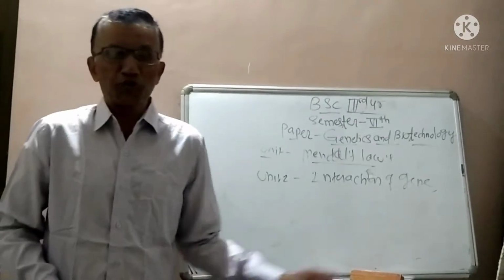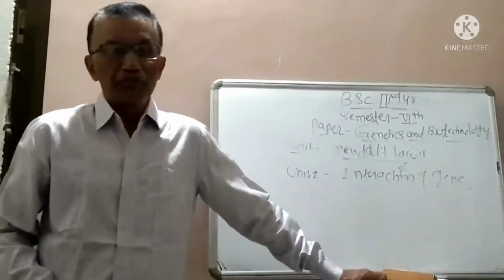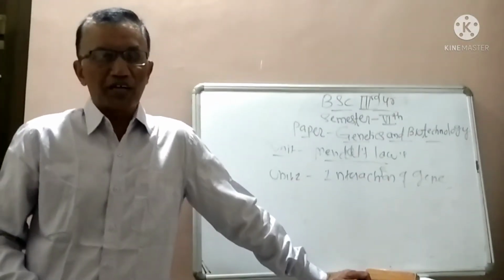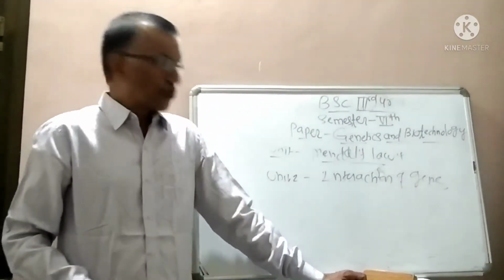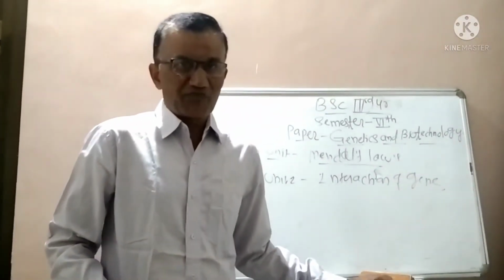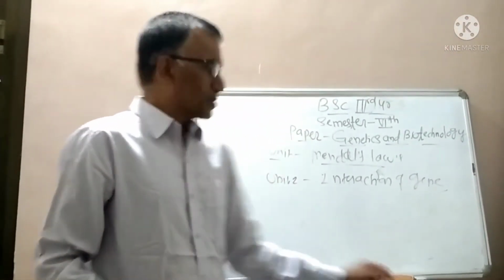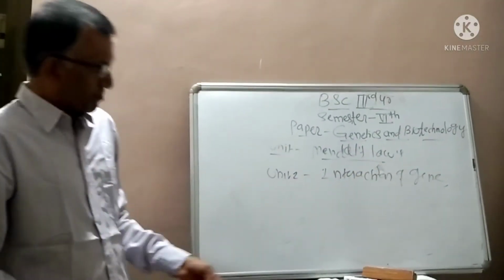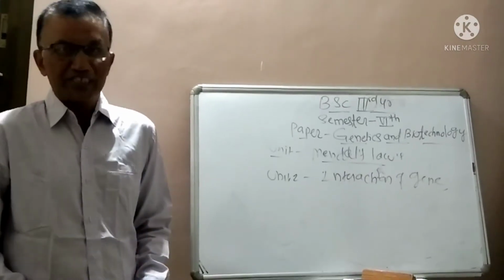With examples, you have to prove what is meant by complementary factor, what is meant by supplementary factor, what is meant by duplicate genes. Then inheritance of comb-shaped fowls. These are the things mentioned in chapter number 2, interaction of genes.